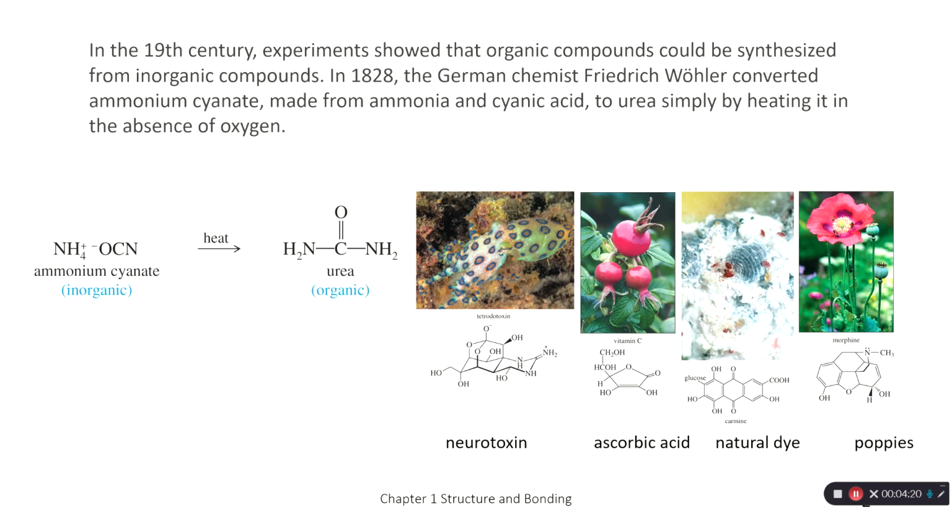Here's a natural dye that could be used for dyeing cloth, and is derived from a seed of a plant. And so then also you see morphine here, which is a painkiller that can be derived from poppies. So these are just some examples of organic molecules that we can talk about, and we can study their properties.